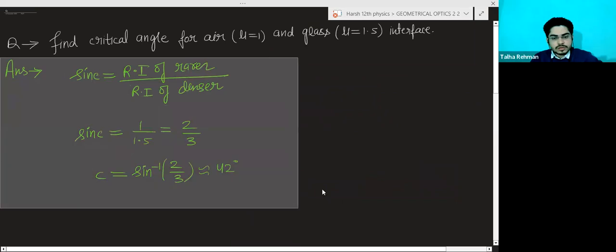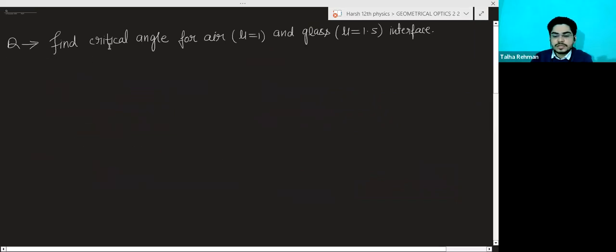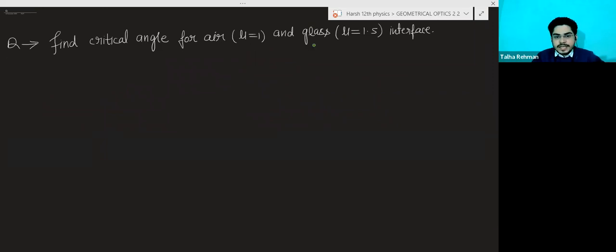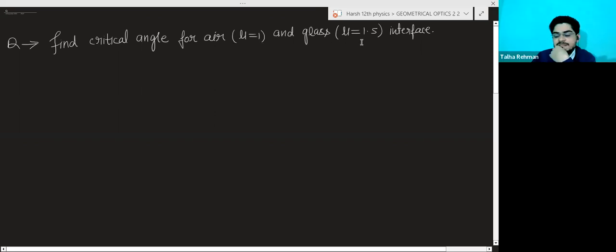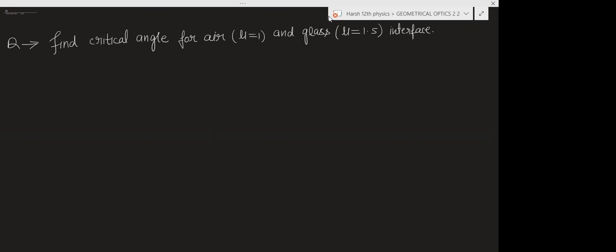Okay, so we will solve this question. They are asking to find the critical angle for the air and glass interface. In the air and glass interface, what is rarer and what is denser? Air is the rarer and glass is the denser.